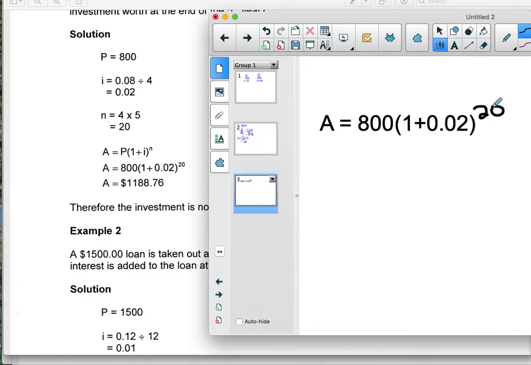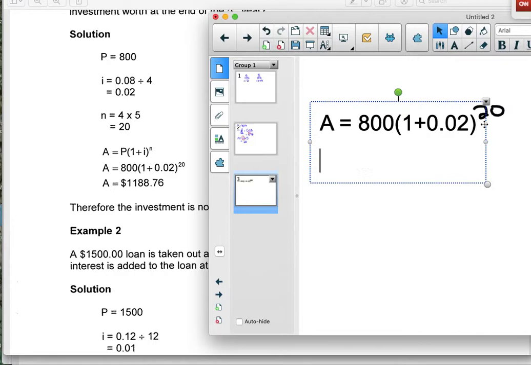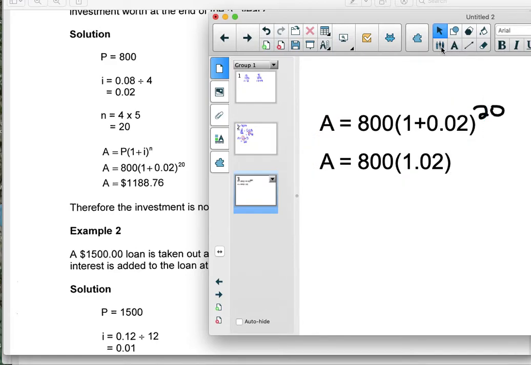So when you solve this, you have to do it in order of operations. What that means is that you have to do the brackets first. So A gets put there again. 800, haven't done anything with. We need to solve this set of brackets first. So that is 1.02, because we're just adding 1 plus 0.02, and then we are keeping our exponent of 20.